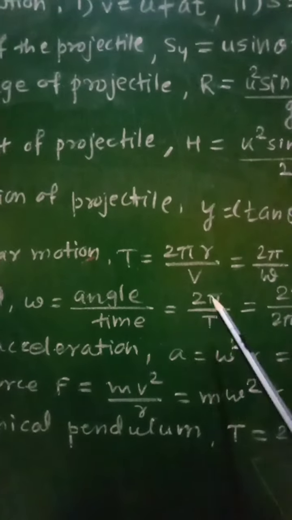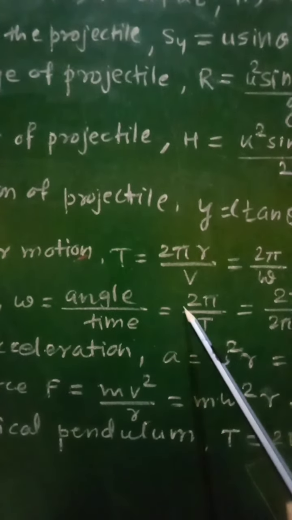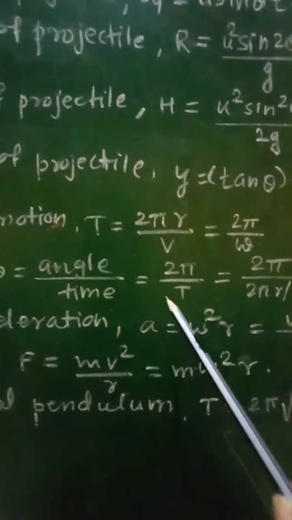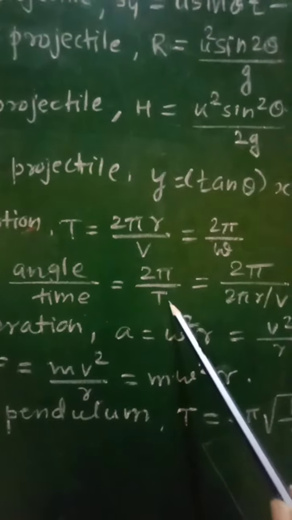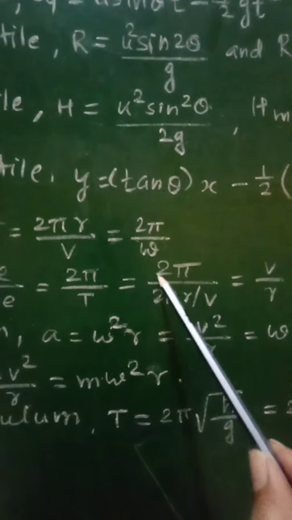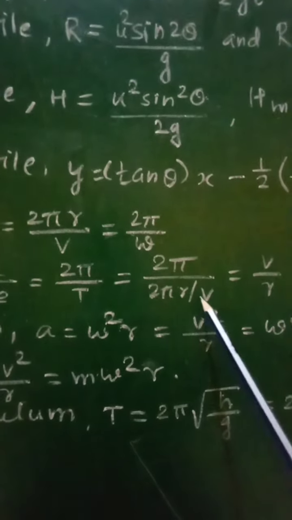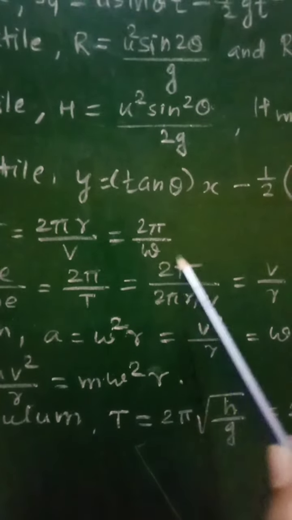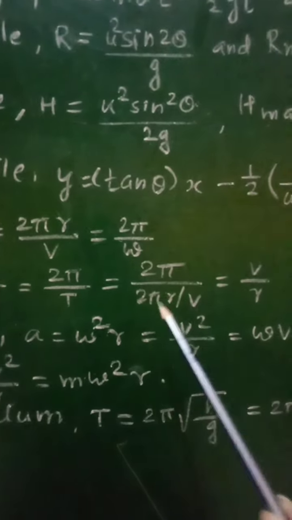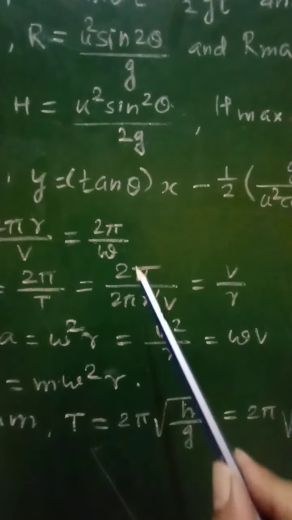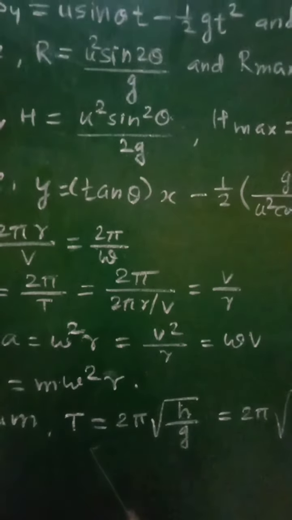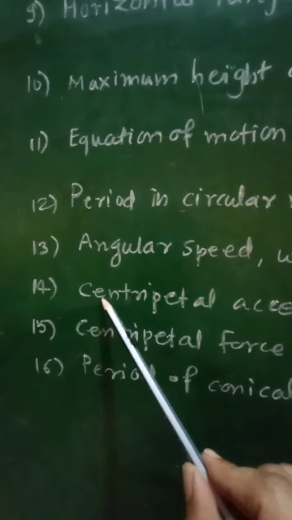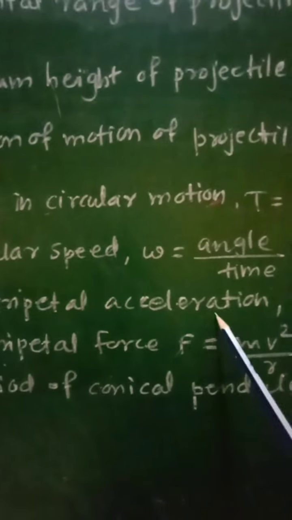For a complete circle, the angle will be equal to 2 pi and the time will be equal to the period, that is capital T. So omega will be equal to 2 pi by T, which is 2 pi upon 2 pi r upon v, putting the value of T. The 2 pi will get cancelled, v will be shifted to the numerator, and therefore we will get v by r.